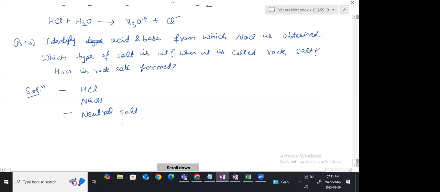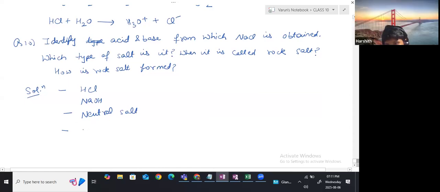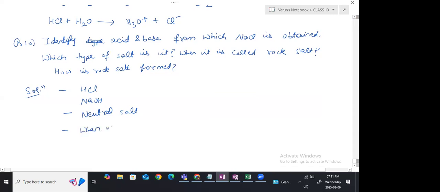When is it called rock salt? When NaCl mixes with impurities, then we call it rock salt.